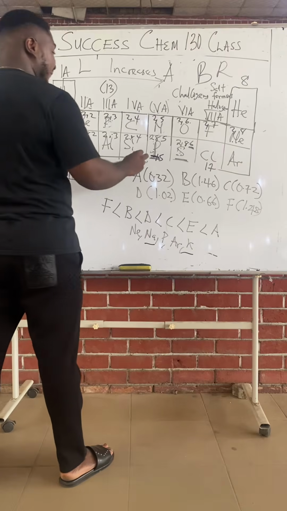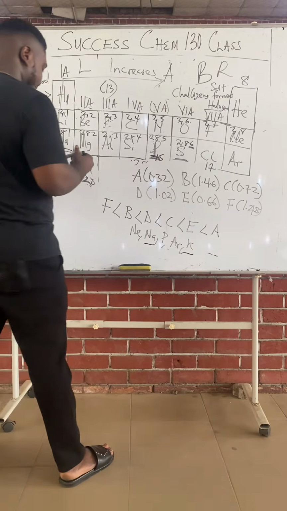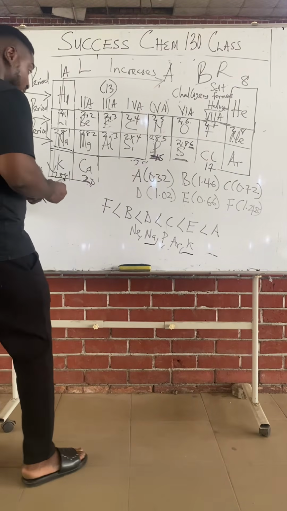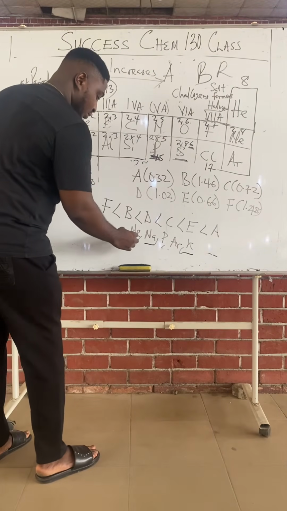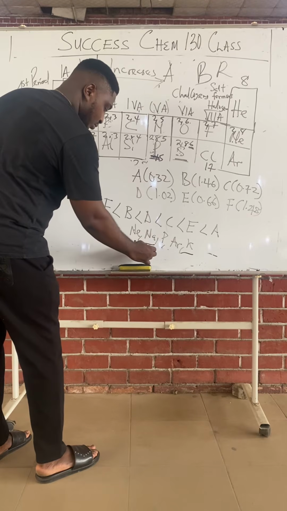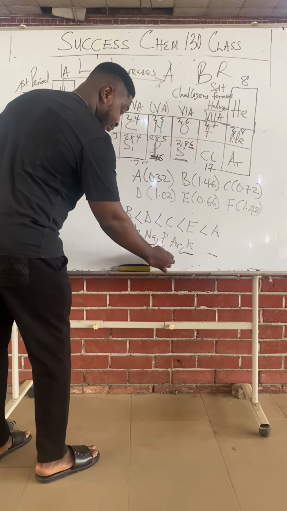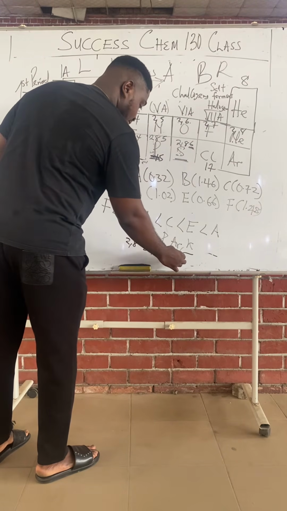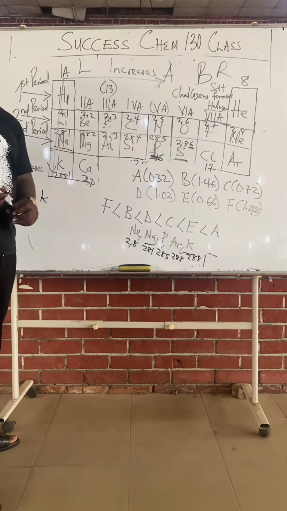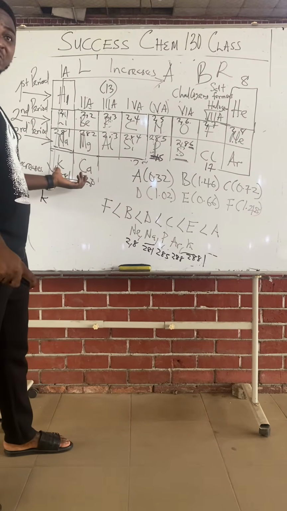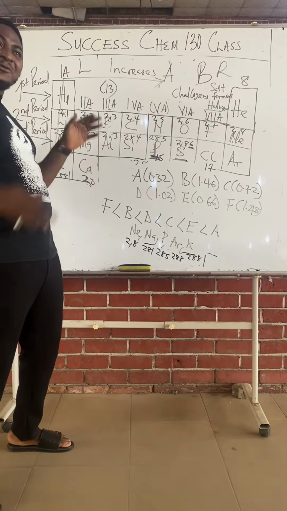Look at sodium, look at phosphorus. What am I trying to do? I'm trying to use the atomic size. See, this will confuse you. How do you know? One is down, one is up.